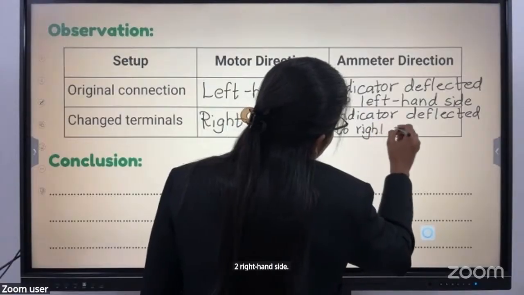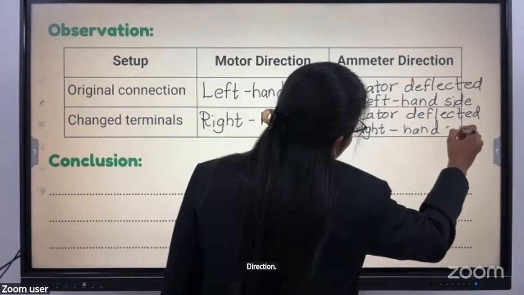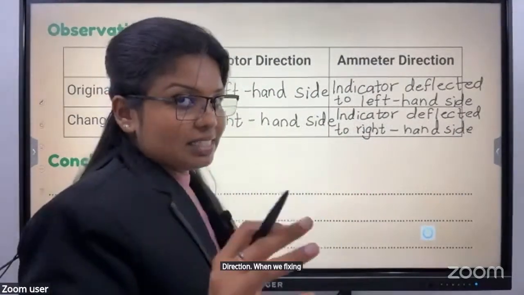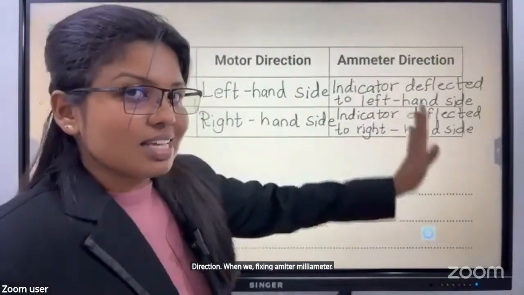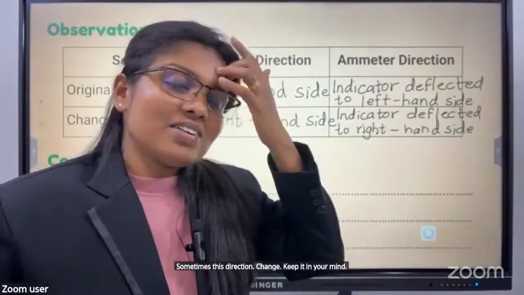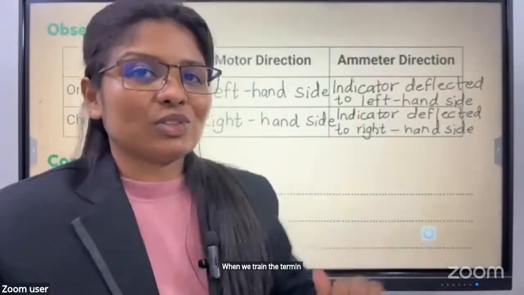We are just assuming this in the ammeter direction. When we are fixing an ammeter or milliammeter, sometimes this direction changes. Keep it in your mind rather than the previous direction. When we change the terminals, it deflects to the other direction.